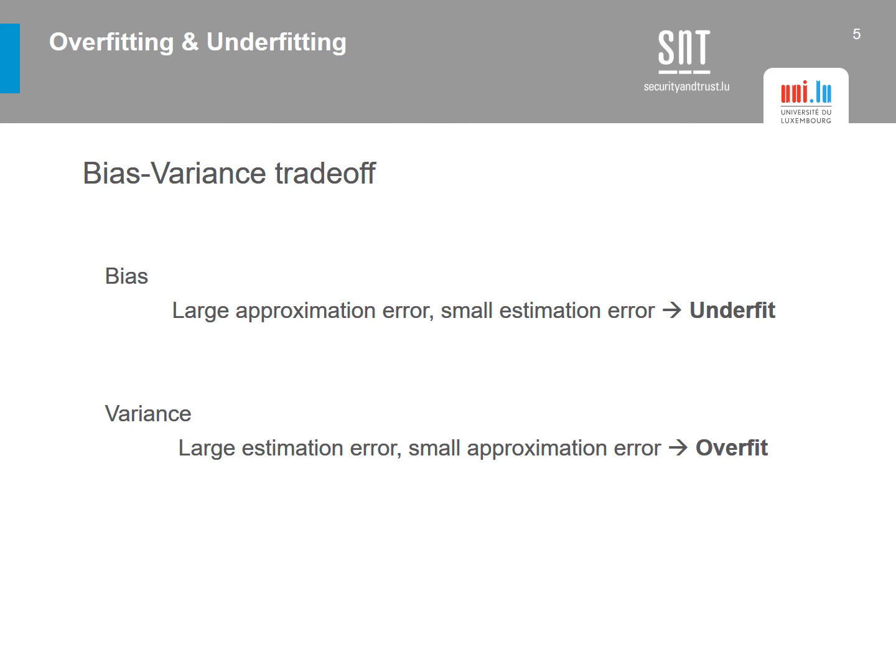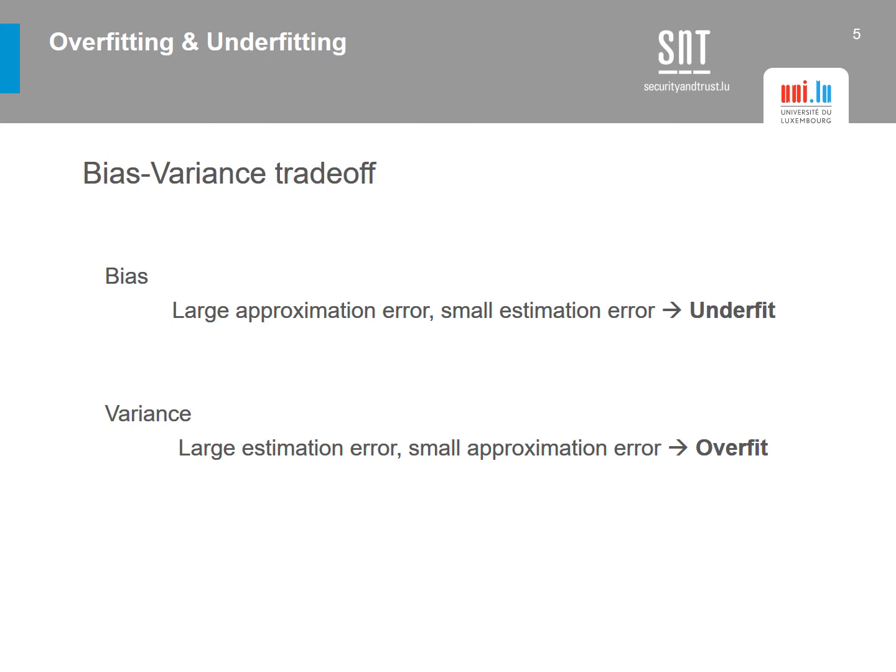The idea here is that when we underfit, it means that our chosen algorithm is too simple and is not able to grab all the complexity of our data. And that's the reason for a large approximation error. It may help in remembering that we can get an idea from the name as well: we approximated too much.